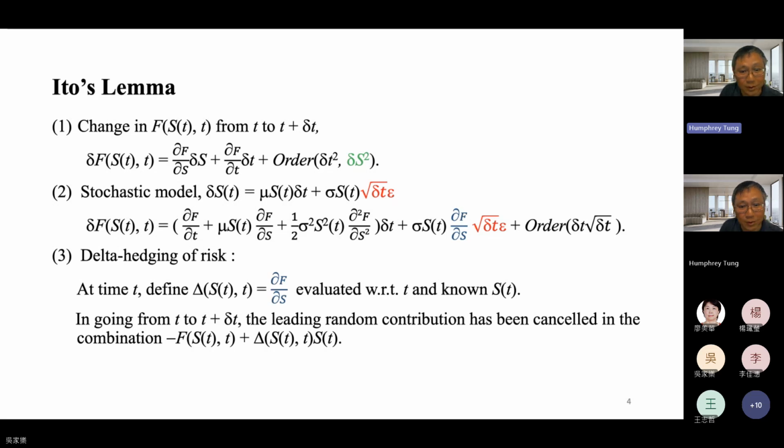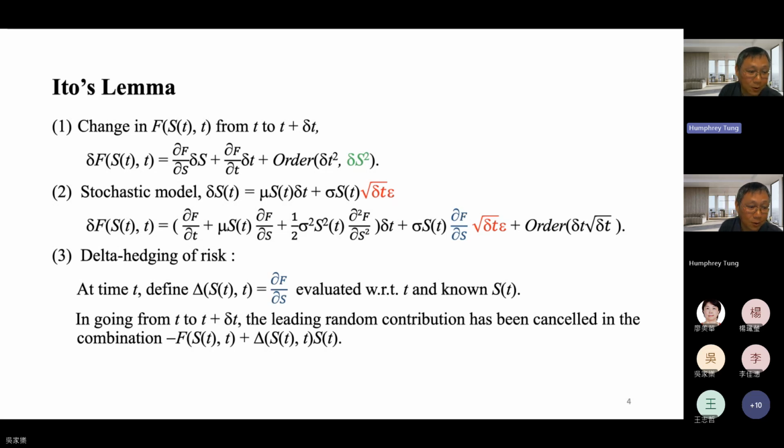You can see in my bullet 2, the correction term is also of some order of the time increment. So let's say delta t is 1 minute. Every 1 minute you are going to delta hedge your derivative. You sell one derivative, and then you buy delta underlying in order to cancel out the risk for one minute later on.